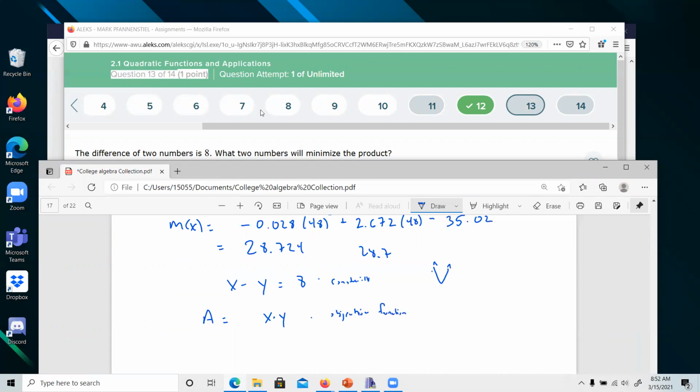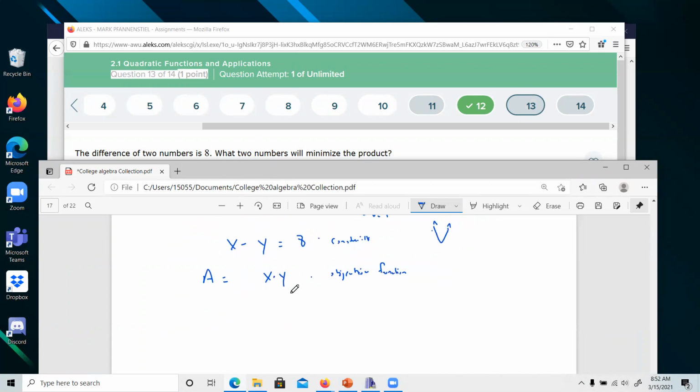Later on, you'll be getting things like that. The whole point of being able to do this is you have two equations, and then you have an x and a y. So we can cast one variable in terms of another. If I add y to both sides here, x is equal to 8 plus y. But we also know that their product is equal to x times y.